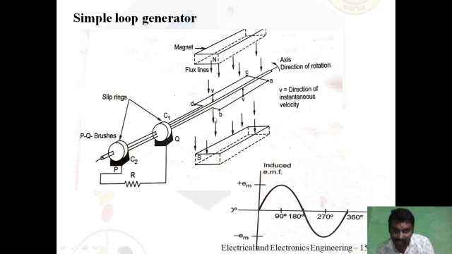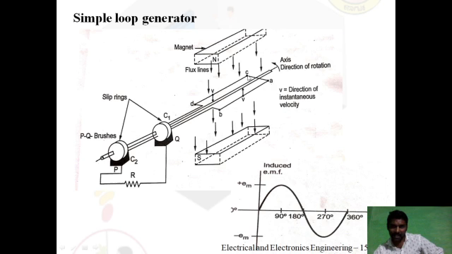And the other one is the conductor part. Here you can observe the conductor AB. The terminals A and B represent one conductor, and C, D represent another conductor. A, B and C, D are the two conductors you can consider, which are joined at the back end.